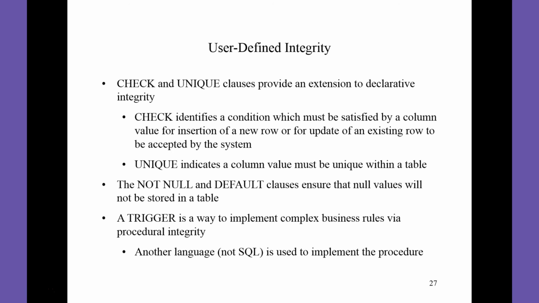Microsoft SQL Server extends their implementation of SQL and uses something called Transact-SQL for this purpose. Sometimes these triggers can be written in a language such as Java. But triggers provide a way of implementing what is called procedural integrity. And the idea is these are used for complex business rules. We'll talk about this later in the course.